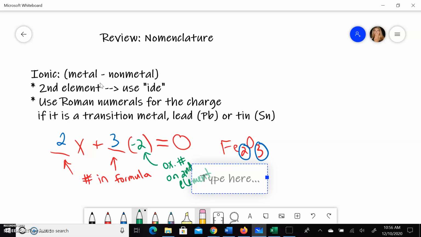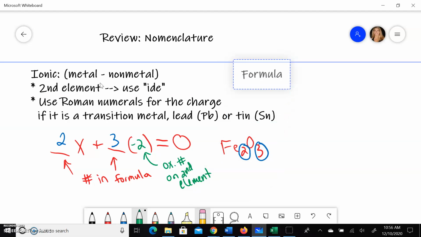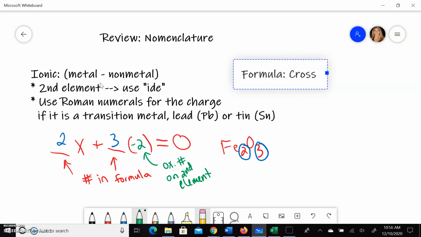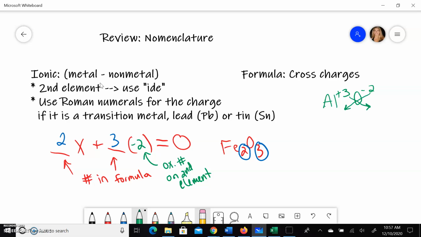All right, our next thing is if we're going to do the formula for this. So for formulas, you are going to cross charges. So what I mean by that is if you have something like aluminum is +3 and oxygen is -2, so that 2 comes down to aluminum, the 3 comes down to oxygen, and you end up with Al2O3.